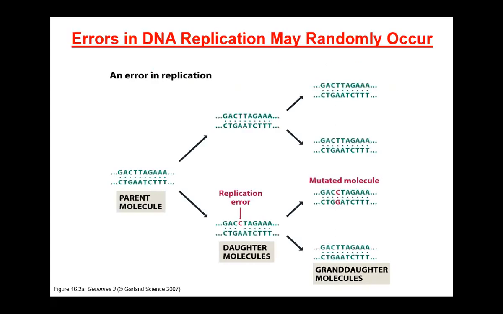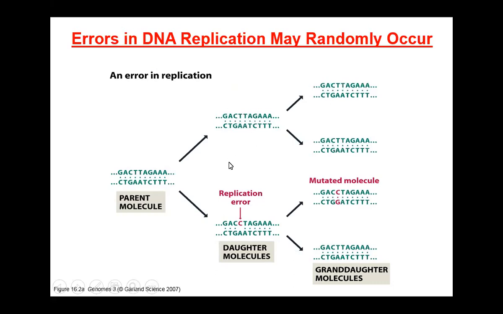For instance, they can sometimes occur during DNA replication. We like to think of DNA replication as being perfect and 100% accurate, but as it turns out, there is a low mutation rate associated with this. It's possible that just during regular DNA replication, the DNA polymerase may get things wrong.